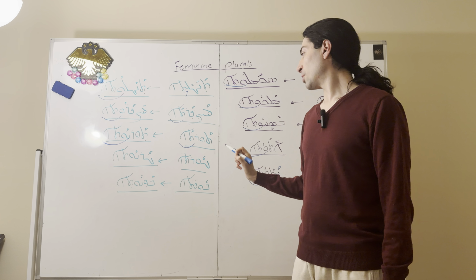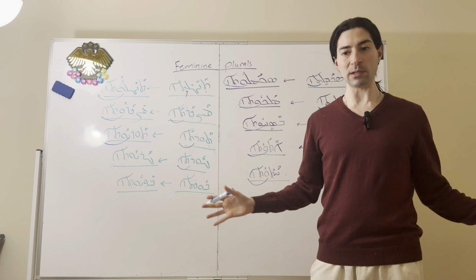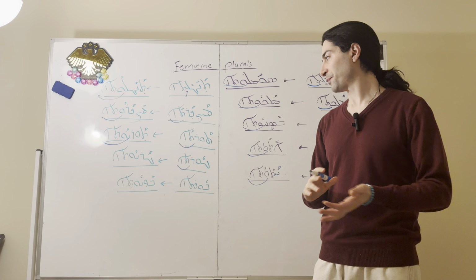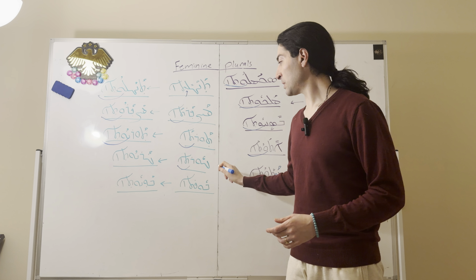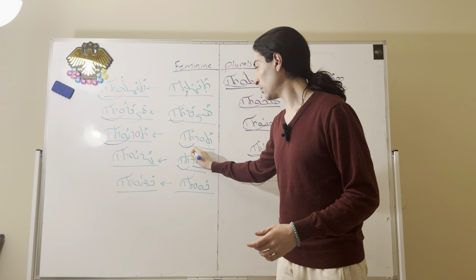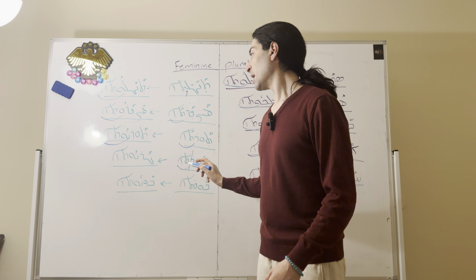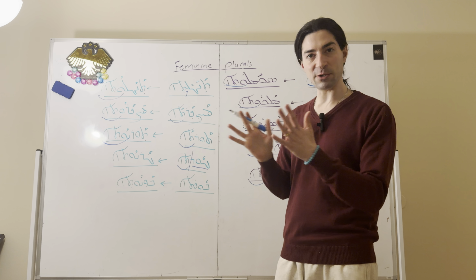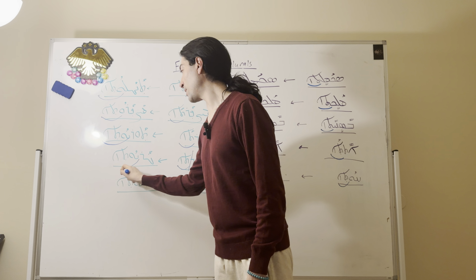Then we have the word ghurcha. Ghurcha means a hole, like a hole in the ground. Notice a long syllable followed by cha. Ghurcha becomes ghar. We shortened it into ghar, and then we add yutha.